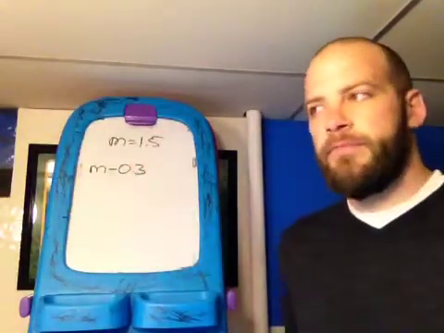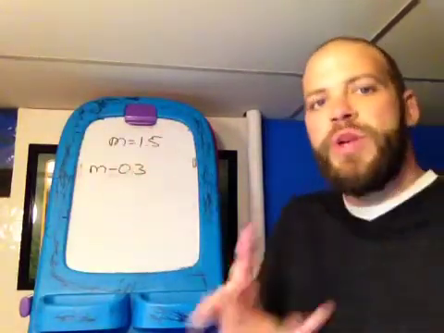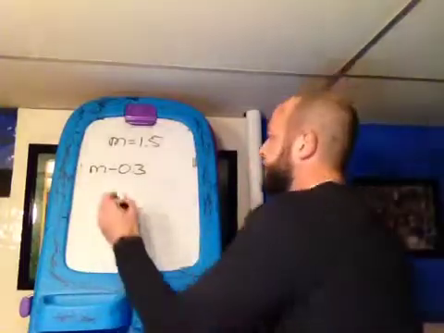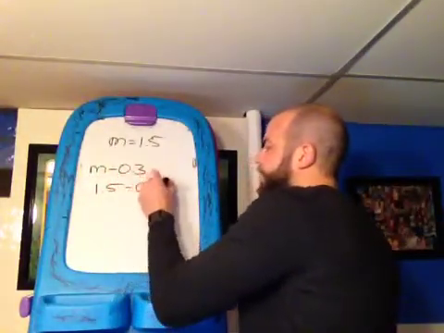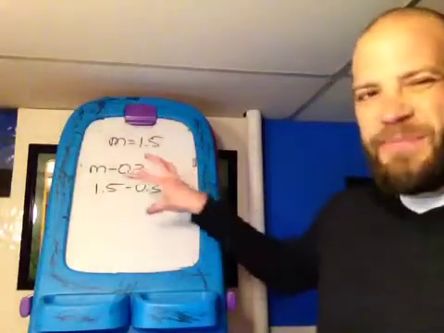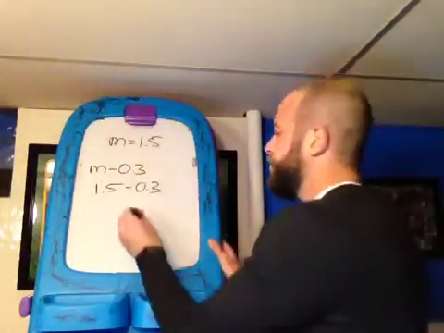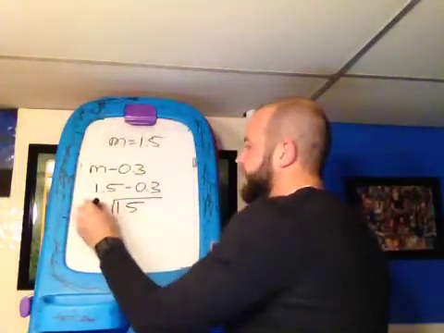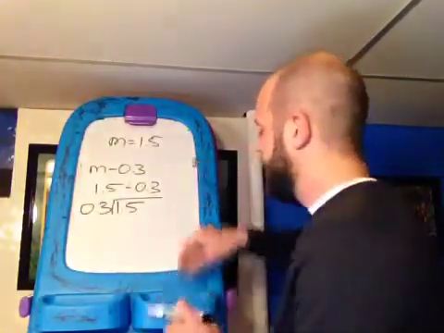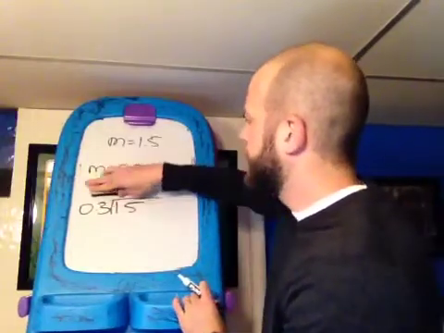Now solve. Well, I know what M is, so I'm going to rewrite it with M: 1.5 divided by 0.3, and we have to put that in a house. The first number goes in the house. Second number goes on the outside, or the divisor.